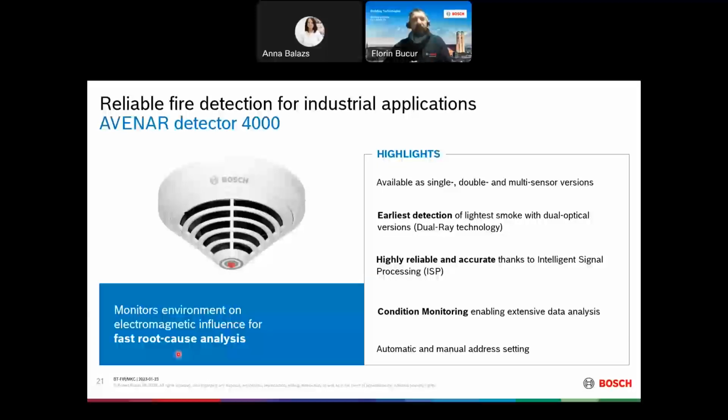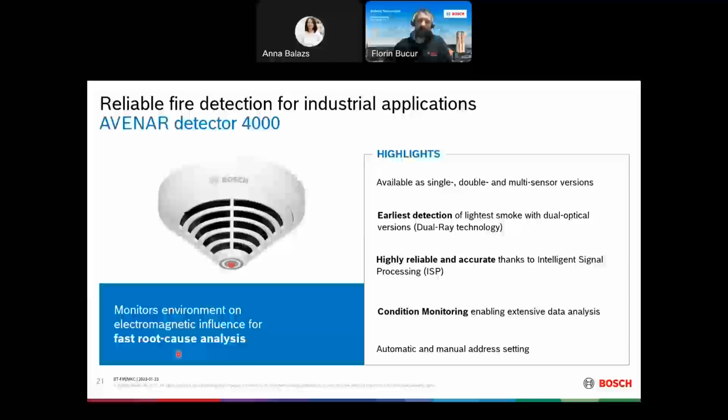We have all this condition monitoring that I explained a little bit for data analysis available inside our cloud. And very important, these detectors can be addressed manually or automatically. That means you can auto-address them, or you can put them in special structures like T branches, for example, and address them manually.